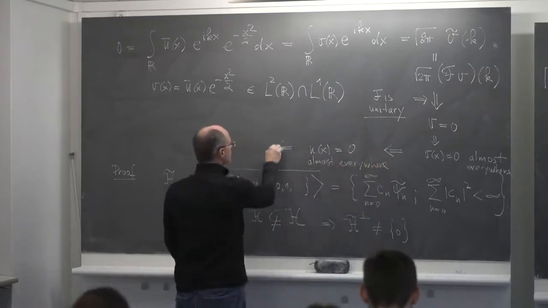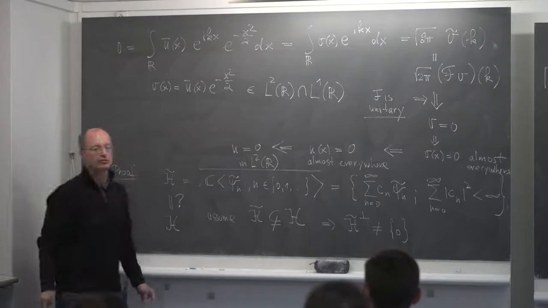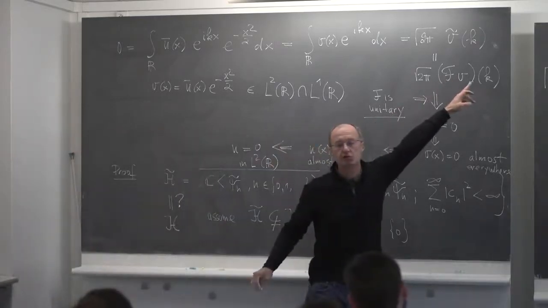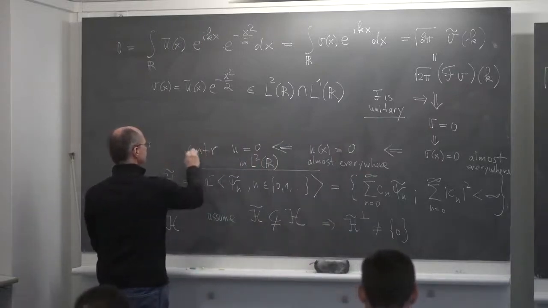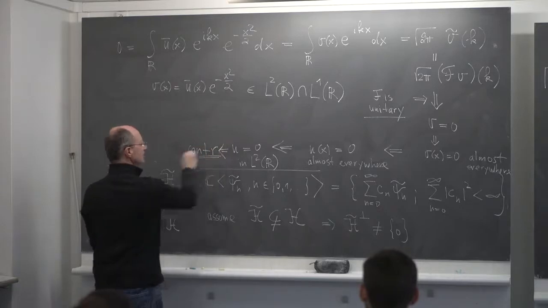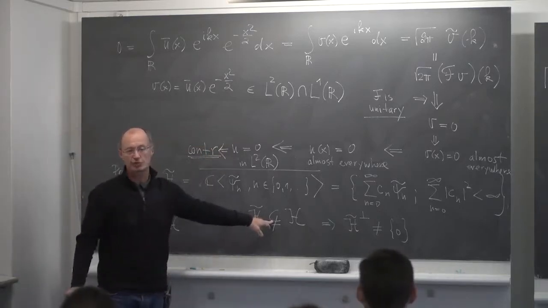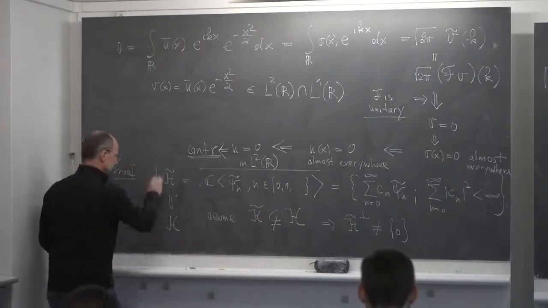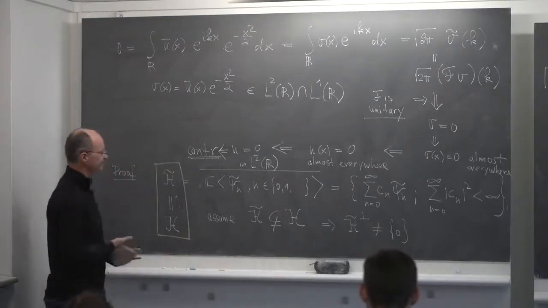But if it's 0 almost everywhere, this means it's 0 in L2 of R. But we assumed that it was non-zero to start with, so this is a contradiction in our argument, and this means that this assumption was wrong to start with, and actually H tilde is equal to H.